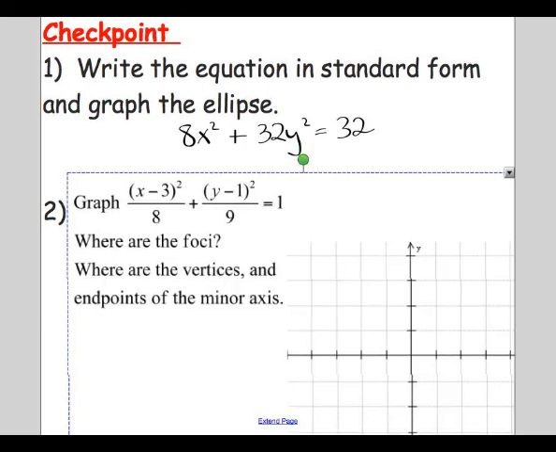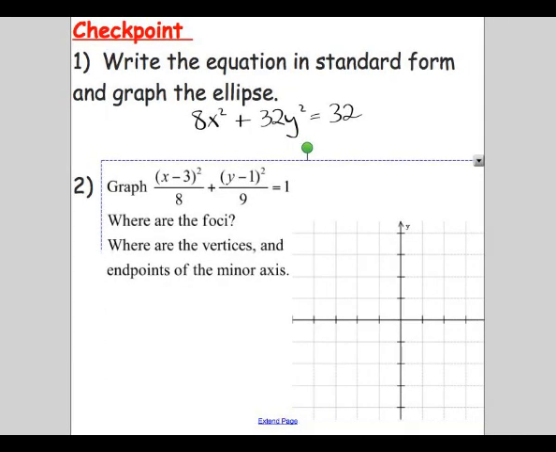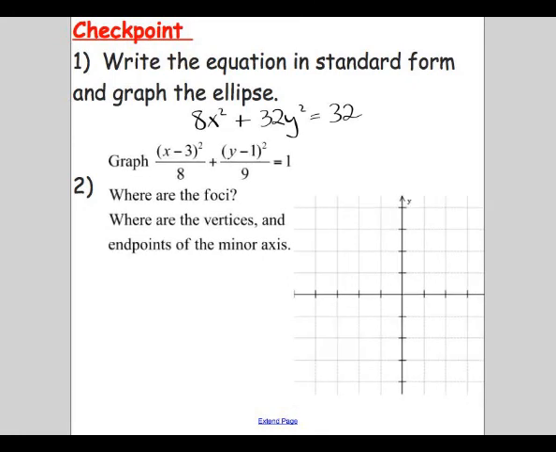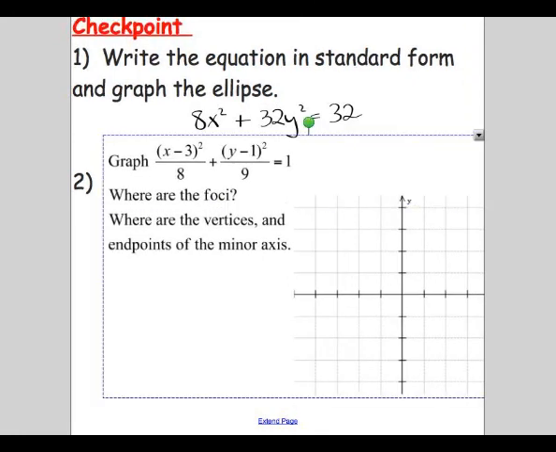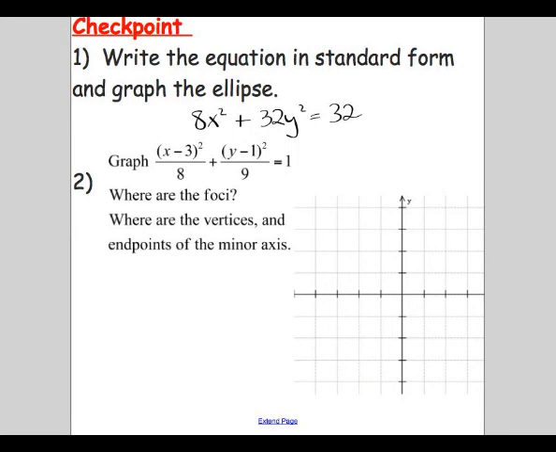The second question, just like we did in the previous example, your goal is to graph it and be prepared to answer questions about the foci and the vertices and endpoints of the minor axis. So bring your questions into class, but be sure to try the checkpoint problems and answer the questions on the Google form.